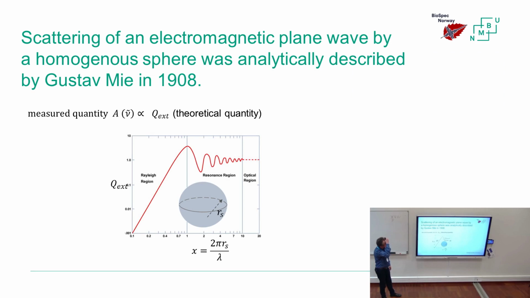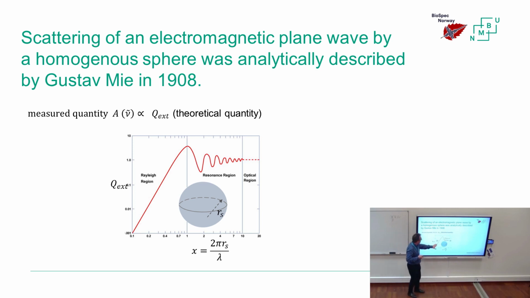The scattering of an electromagnetic plane wave by a homogeneous sphere was analytically described already at the beginning of the last century by Gustav Mie. Harald doesn't like this, but there's an exact theory which gives us exactly for this problem all the solutions, no matter how big the sphere is and which wavelengths I consider.